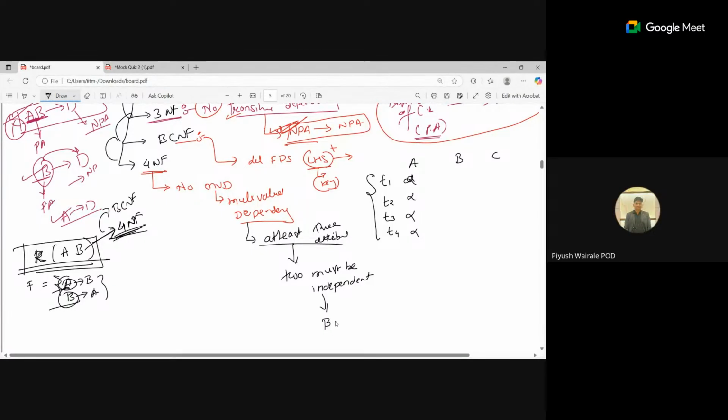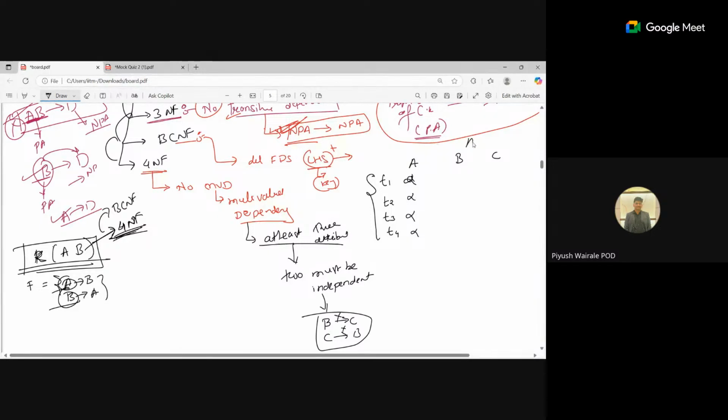If B determines C does not exist and C determines B does not exist, it means B and C are independent here. So at least three attributes must be present and two must be independent. Then only we can say MVD can exist, right? So we need to check for that.